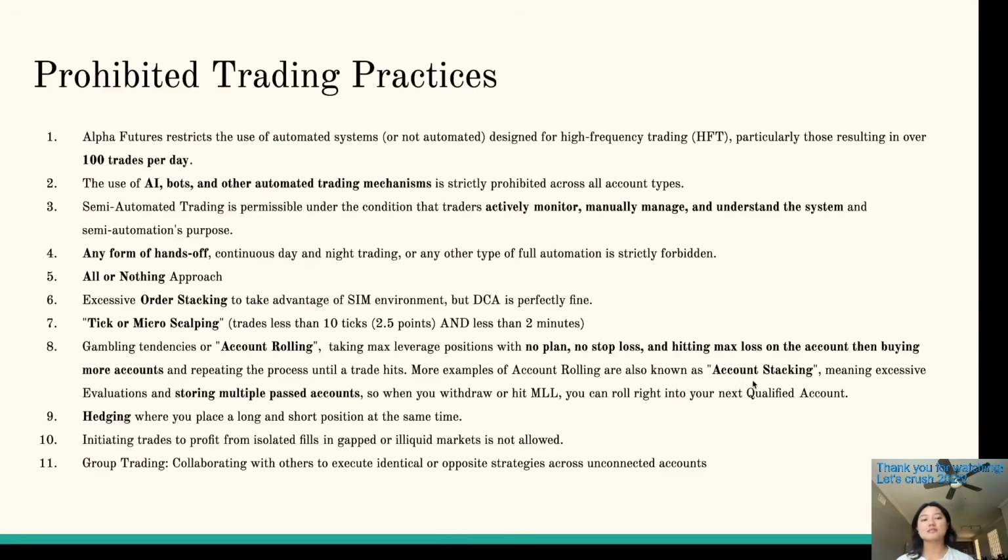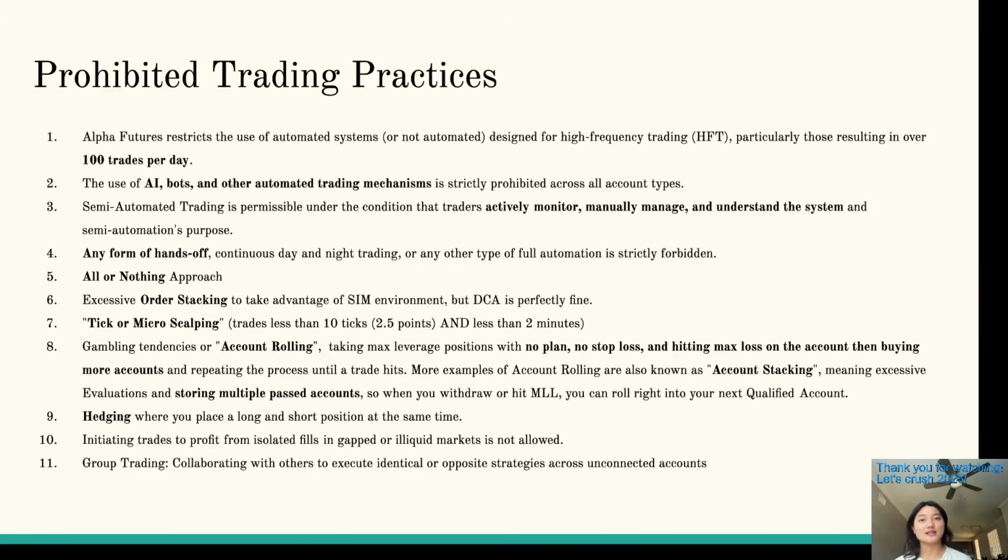So essentially, account stacking is going to be where you have excessive evaluations, you pass them, you have them stored up, so then when you end up withdrawing all the profits from your sim funded account, or you end up hitting the max loss limit on that sim funded account, you end up pulling your next qualified account immediately and just, again, rinsing and repeating this cycle.